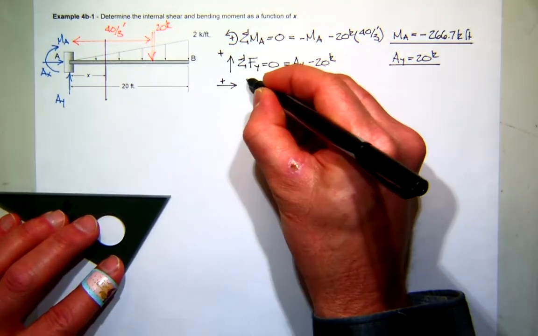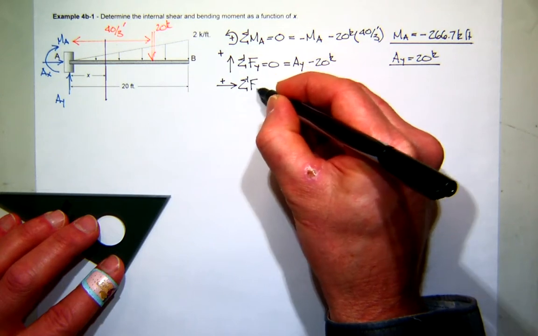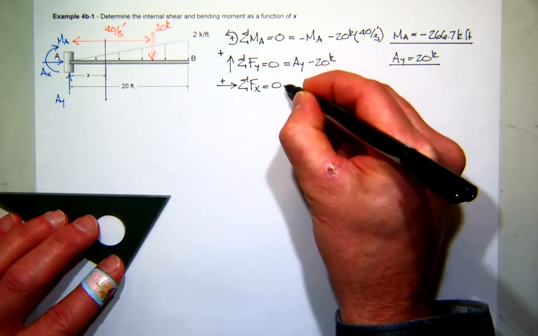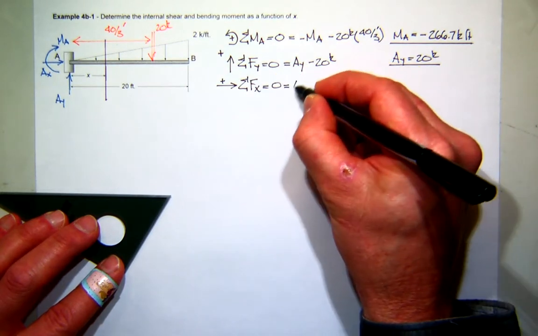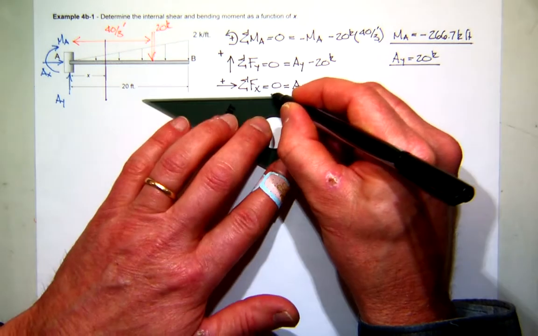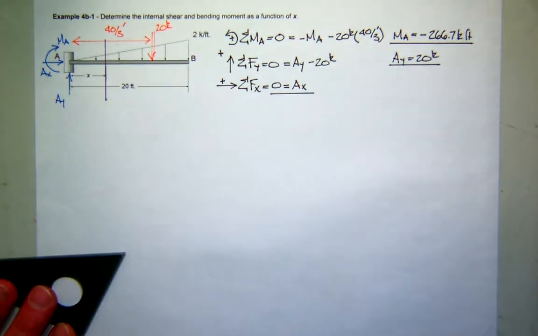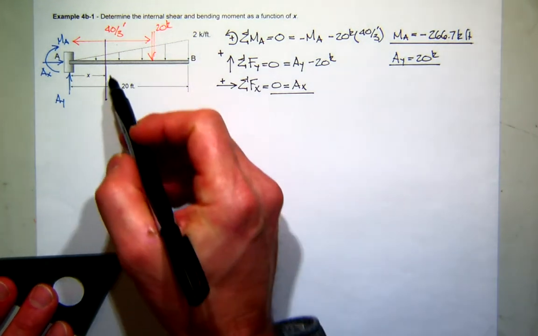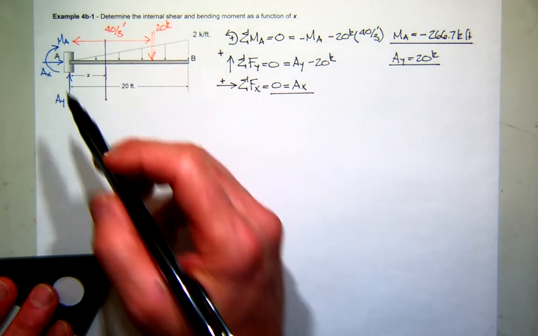And then we'll sum forces in the x direction. And all we have on this problem is positive AX, so AX is 0. So we have our reactions. Any questions so far?